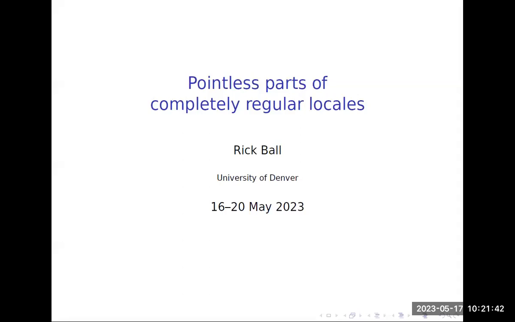Because the frames that I discuss will all be assumed to be completely regular, I thought I would start by reminding you what that looks like in frames. So on the board to my right, I have a definition of what complete regularity means.